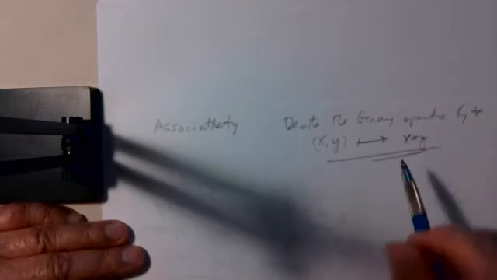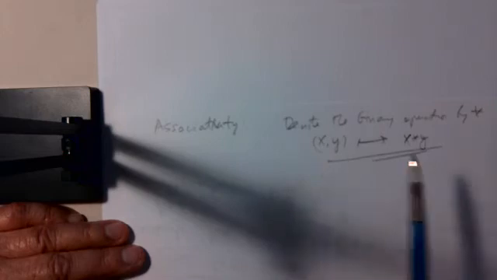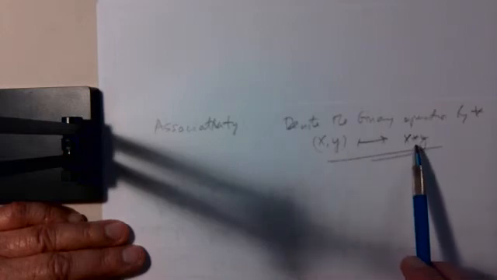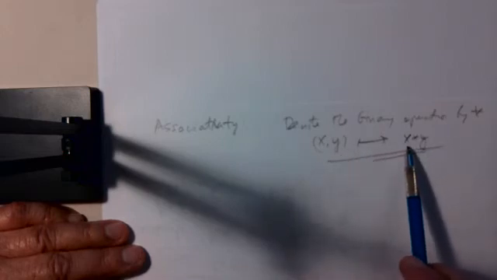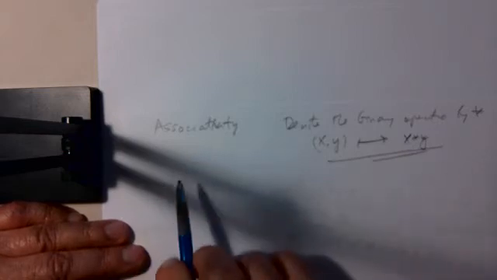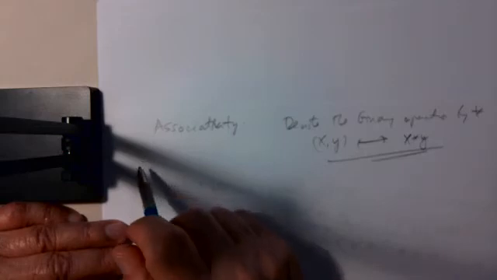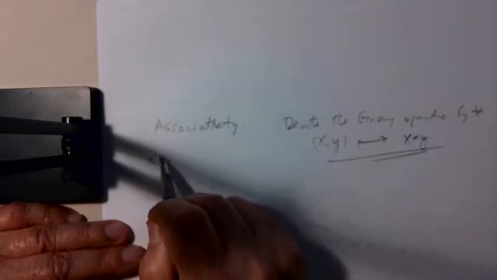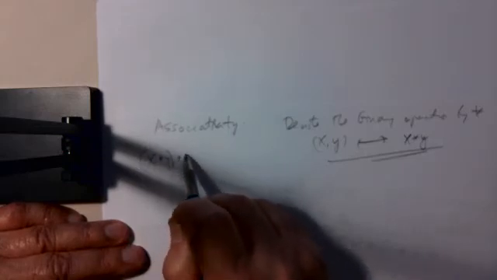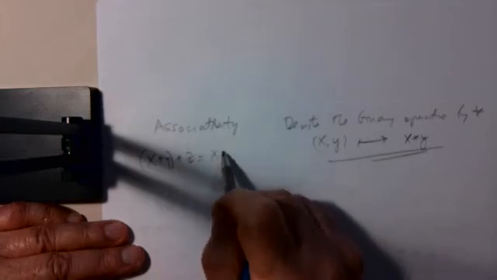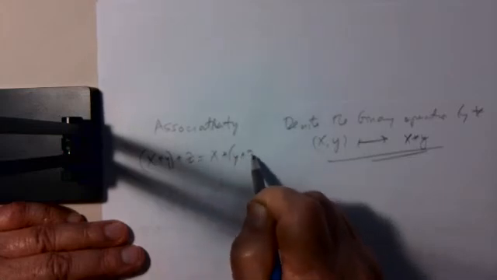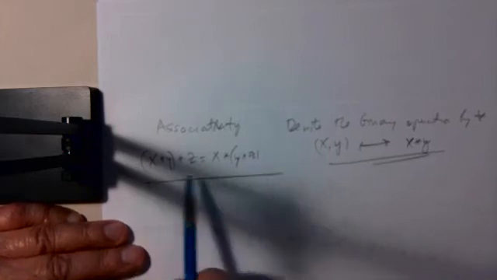That's the binary operation. If these were real numbers, this could be addition, or it could be multiplication, it could be many things. And we say that the operation is associative if (X star Y) star Z is the same as X star (Y star Z). So it doesn't matter.